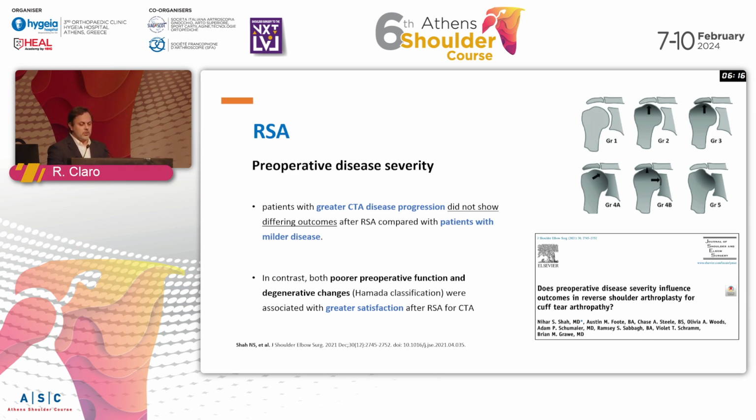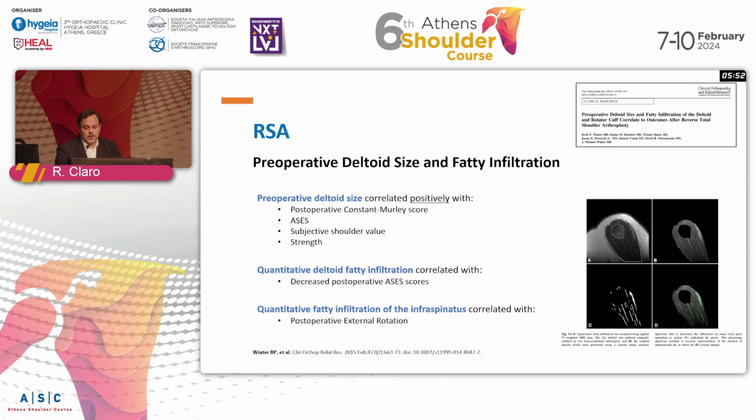So with reverse shoulder arthroplasty, even with a great CTA erosion, we can achieve almost the same results as a milder case. In contrast, poor preoperative function and poor degenerative changes were associated with greater satisfaction when we use reverse shoulder arthroplasty for CTA cases. And what about the deltoid size and fatty infiltration?